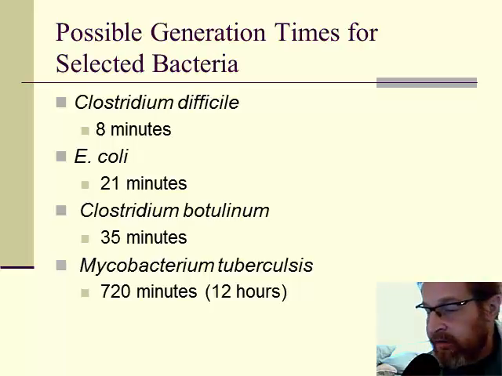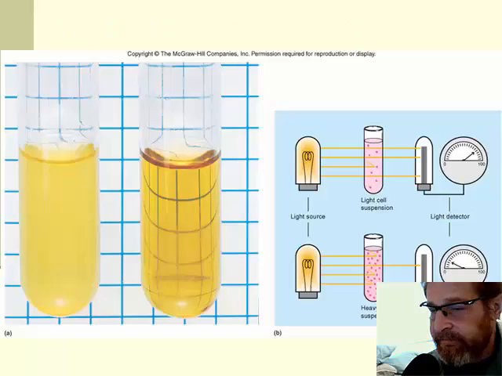And so one of the reasons why when you get tuberculosis that you have to take antibiotics for so long, and as we'll learn in the near future, antibiotics are only effective when the cells are actually dividing, and so if it only divides once every 12 hours, then you don't have that many opportunities where the cell is dividing so that it can kill the cells.